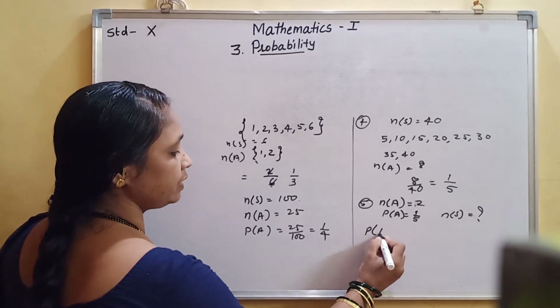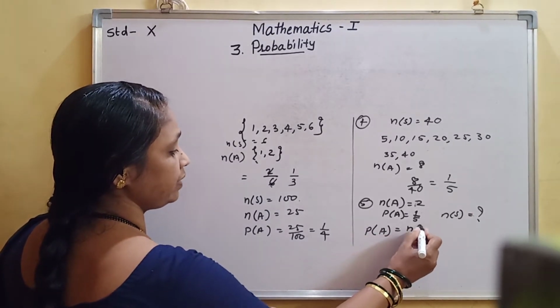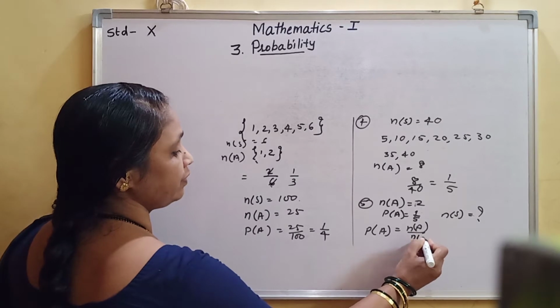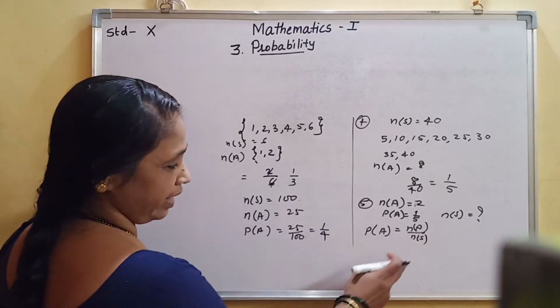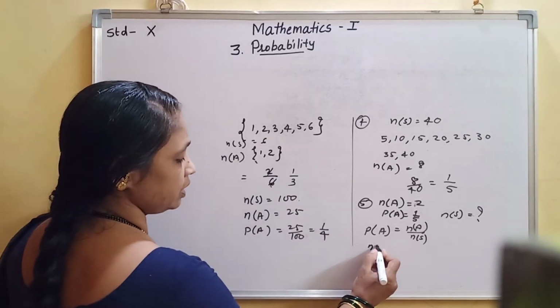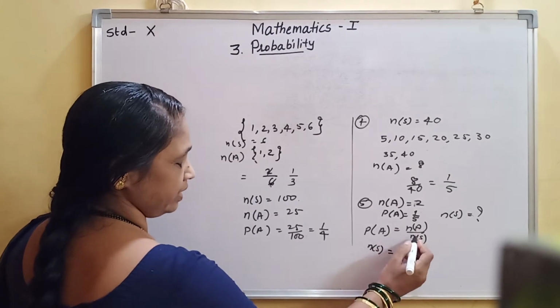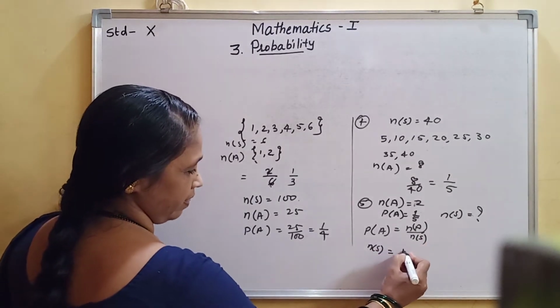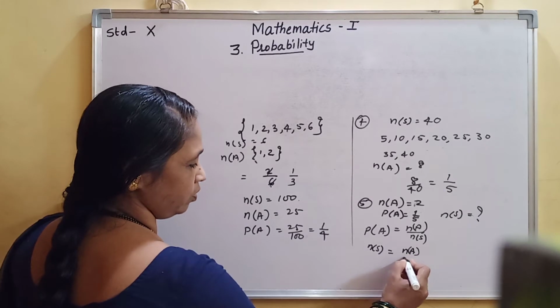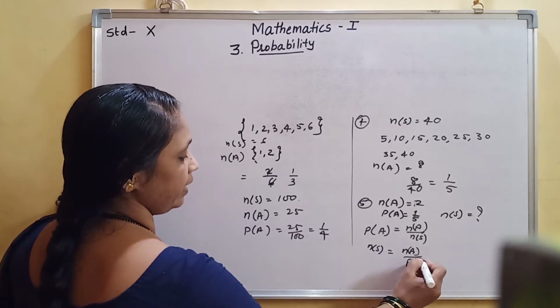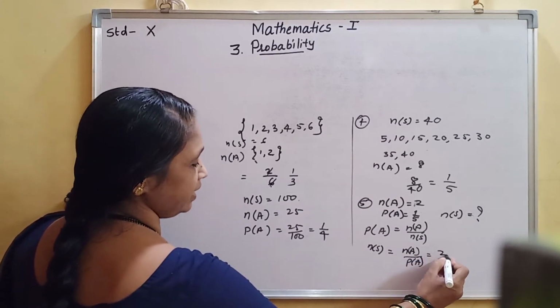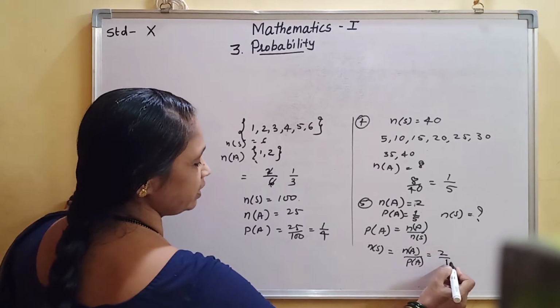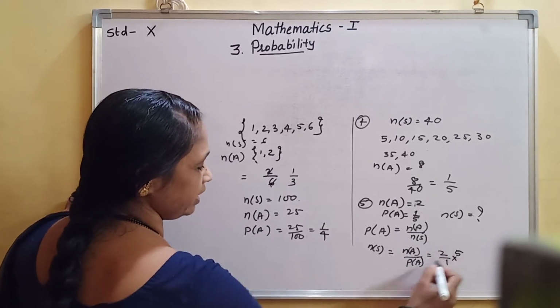We know the probability of an event is equal to n(A) upon n(S). Since we have to find n(S), it will be n(A) upon P(A), which is 2 divided by 1 by 5, which means it gets multiplied.